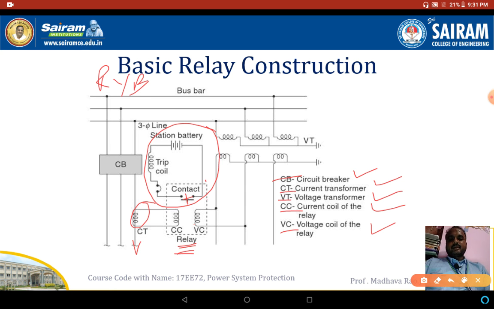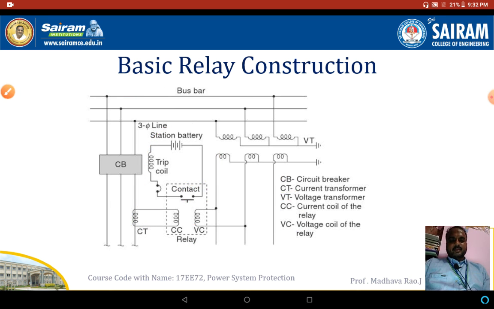This is the voltage coil of the relay, and this is the contact. So this coil will excite, this contact will close, so the tripping coil will activate and trip the faulty part. So this is the basic construction of relay.